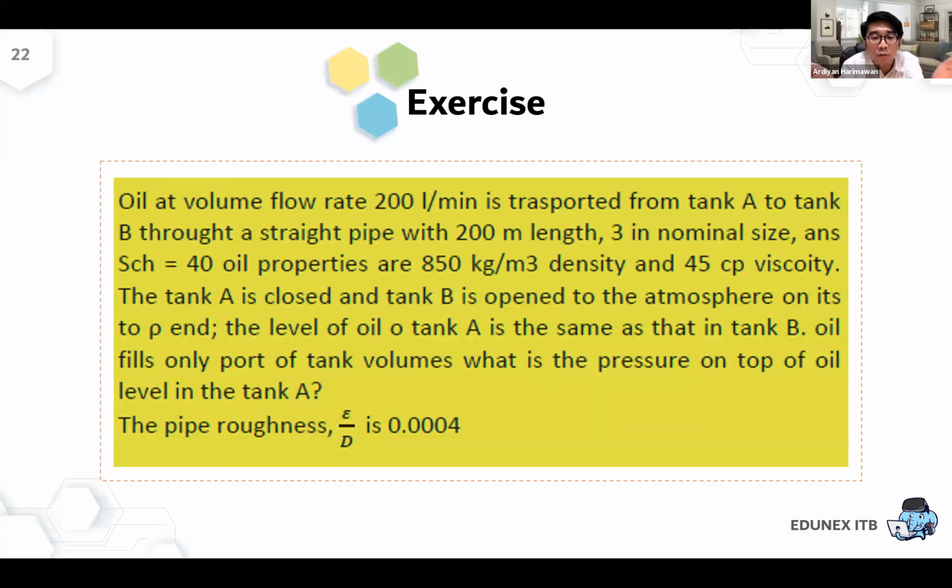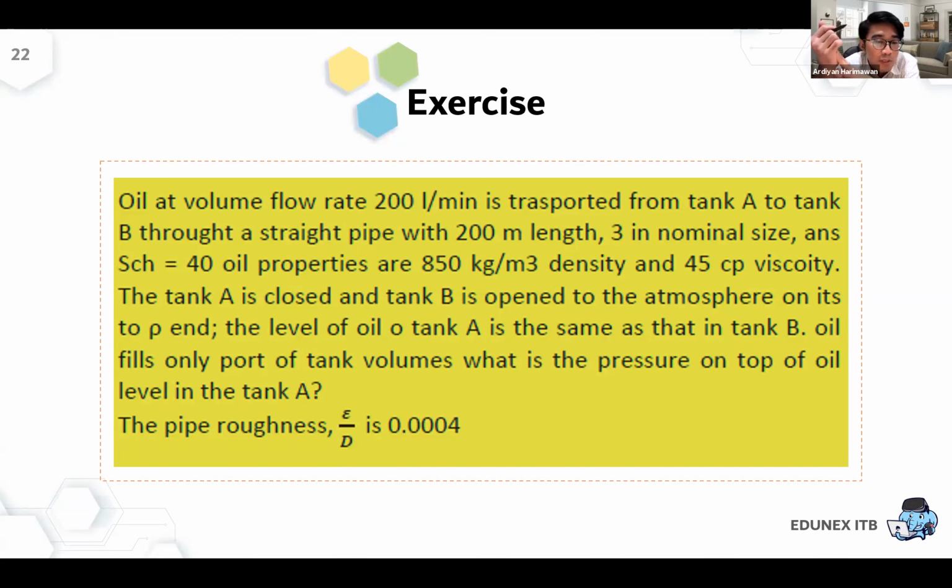As you can see from the problem, and as you learned from our previous exam, the units of each parameter are not in the same standard unit. So if you want to calculate using standard units, you have to convert all the parameters first into the standard unit, the same type of unit.